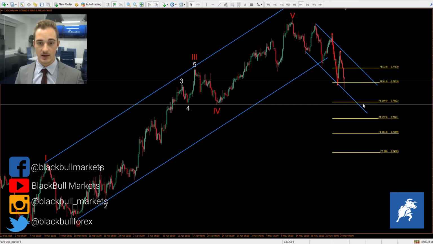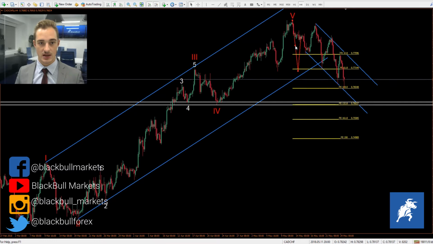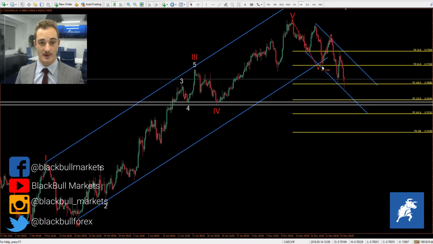So you can see here there is 100% on the 0.76 level, 0.76123 level, ironic. And then you can see here if we move it to the start of the X wave, we will see if it actually does match up.